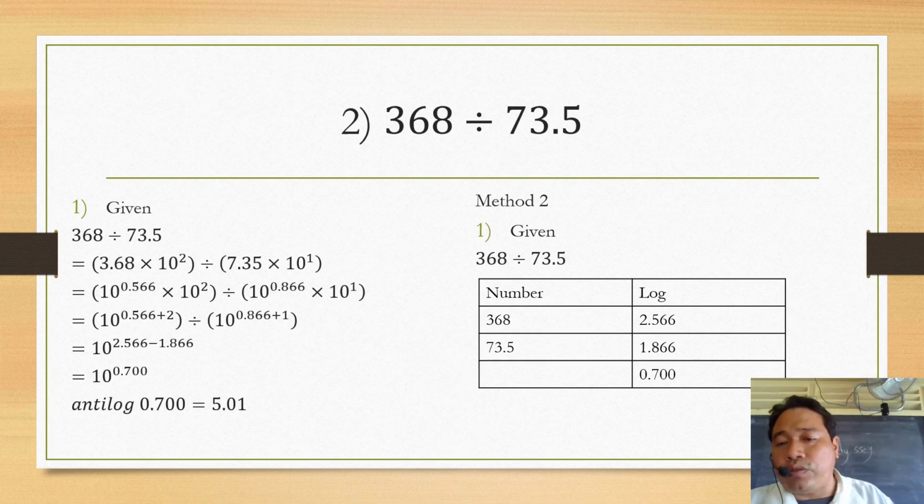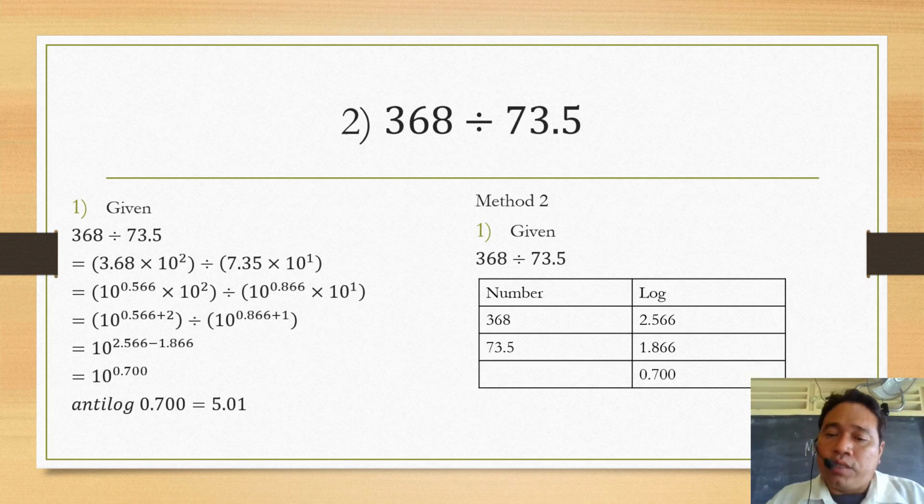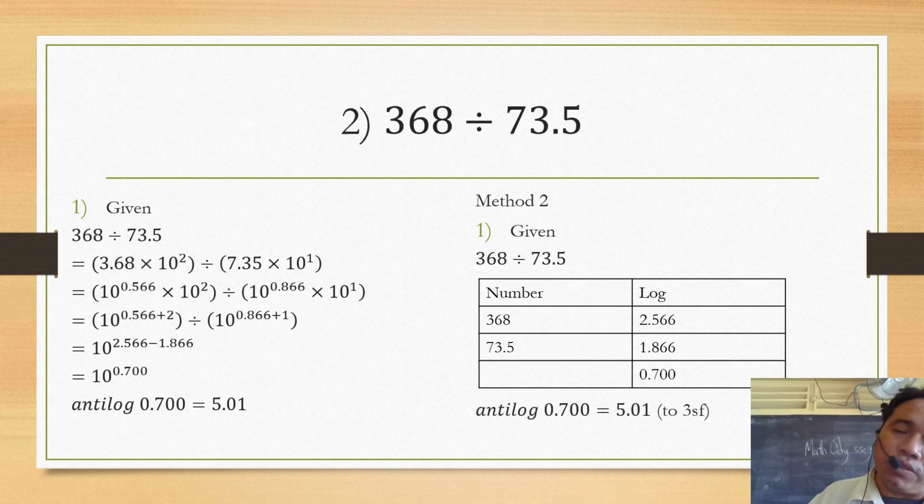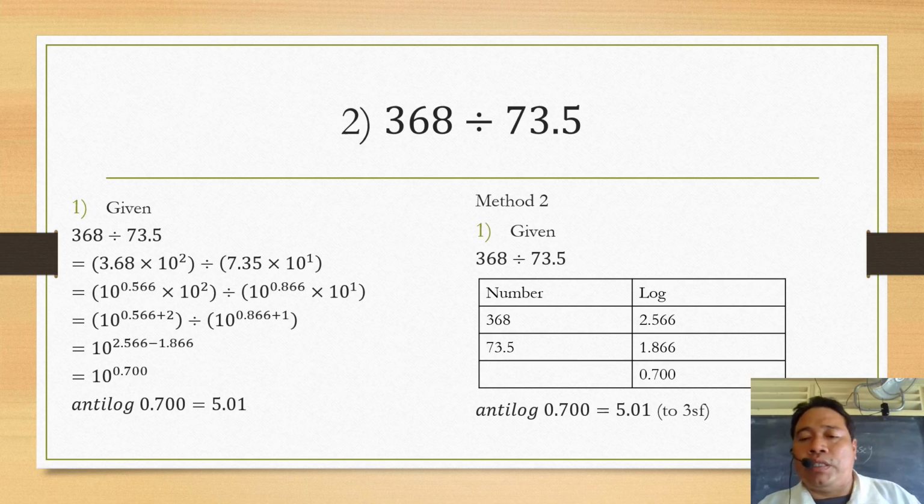I borrow from the 2, making it 15 minus 8, which is 7. And since we borrowed from the 2, it's 1 minus 1, which is 0. So now I need to antilog 0.700, which we did already, equals 5.01 to three significant figures.